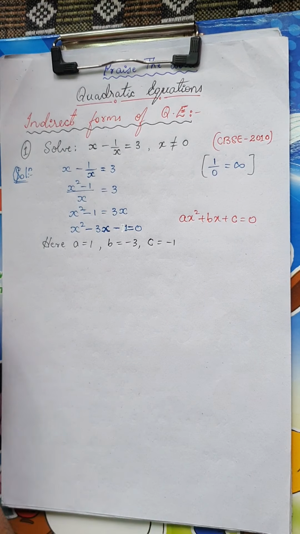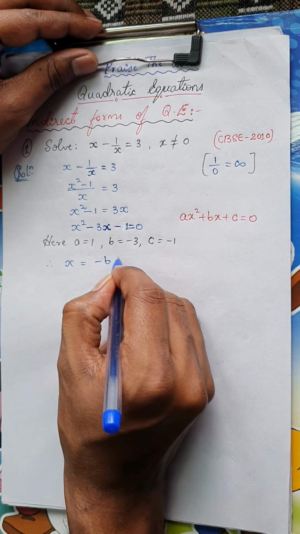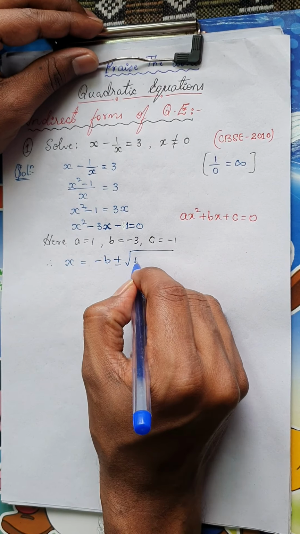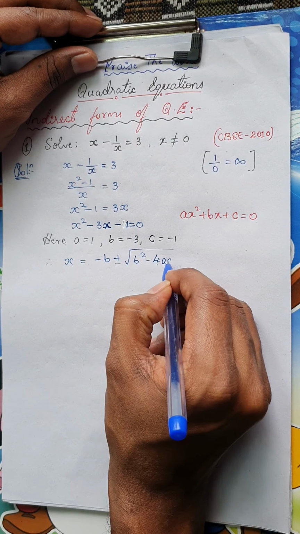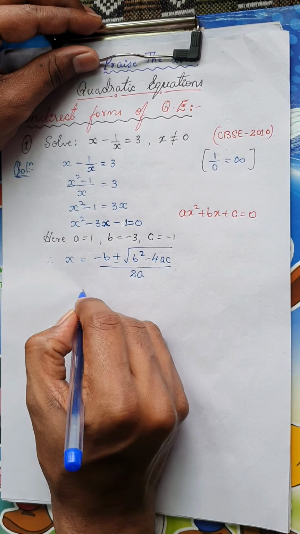Okay, therefore the formula is x is equal to minus b plus or minus square root of b square minus 4ac divided by 2a. Okay, now substitute the values.